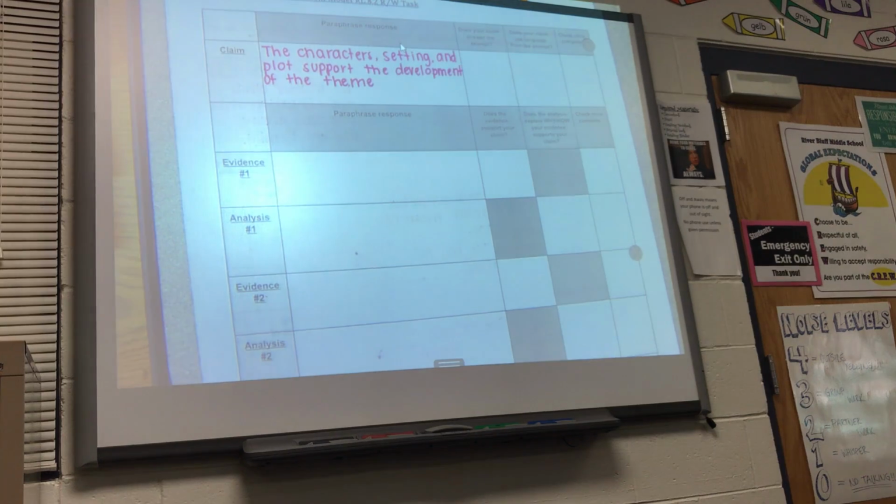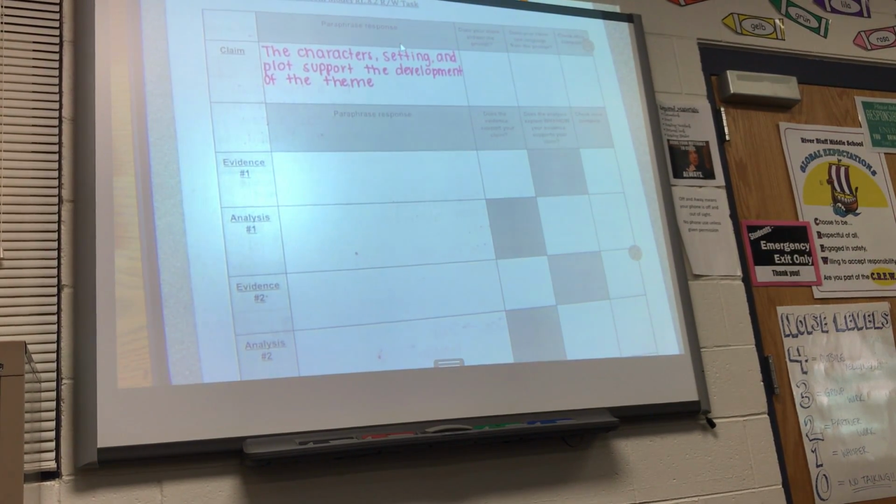You were good all the way up to that point. What do you need in a claim? What is it missing there? Claim is what, Noah? It's your opinion. And what else do I need in there? My claim needs to be specific. What do I need?